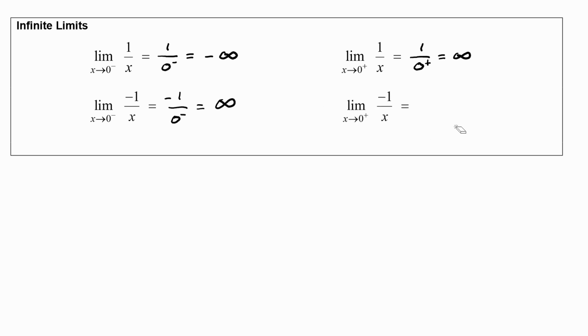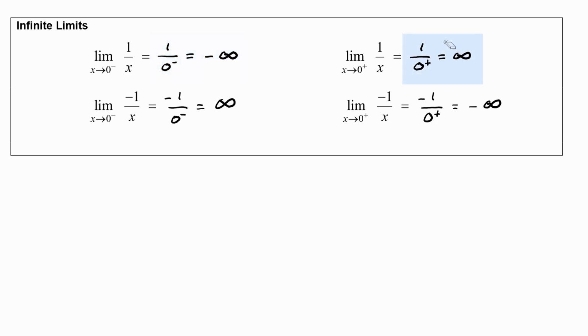And finally, when we had the limit as x approaches 0 from the right of negative 1 over x, that was equal to negative 1 over 0 plus, which we found out was negative infinity. So you notice that if you have 1 over a tiny negative, that's negative infinity. So the rules about dividing a positive by a negative apply, and our result is negative.